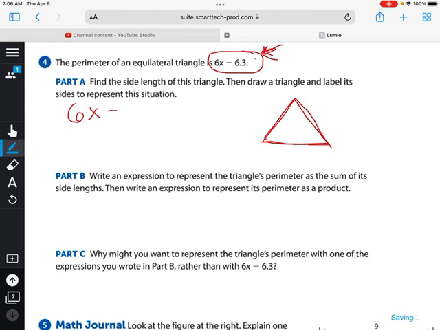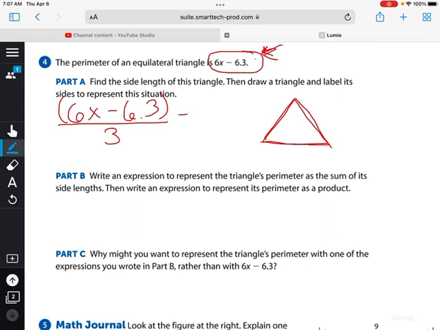So remember that when we are doing division these days, we like to set division up as a fraction. So here we have an expression that says 6x minus 6.3 divided by 3.